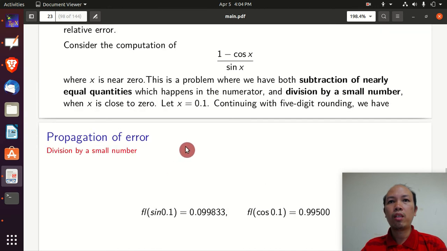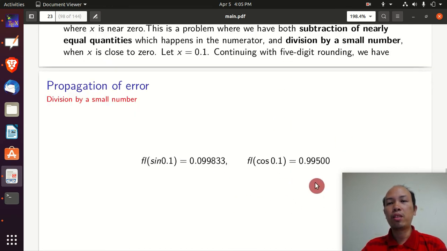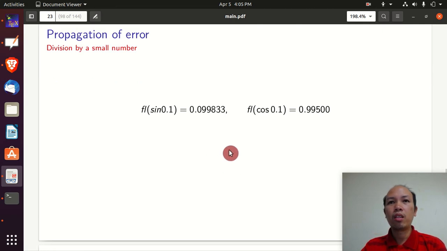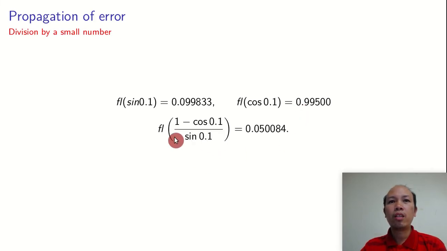Remember this expression. The floating point of sine of 0.1 is this value, and cosine is this one, rounded to 5 digits. 1, 2, 3, 4, 5. This one cannot be counted. Remember your significant digits definition. The floating point result is this number.